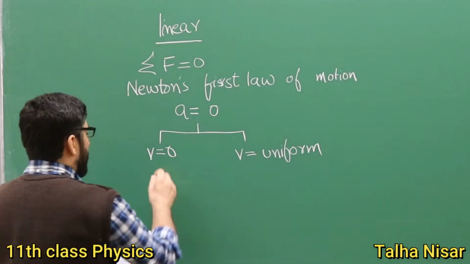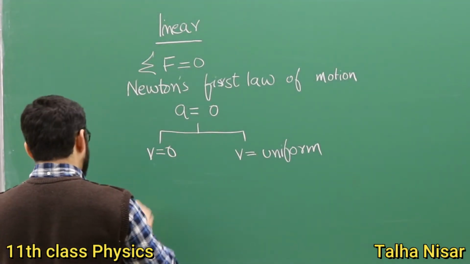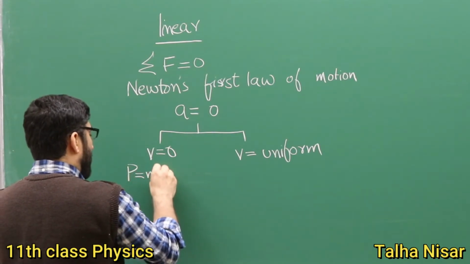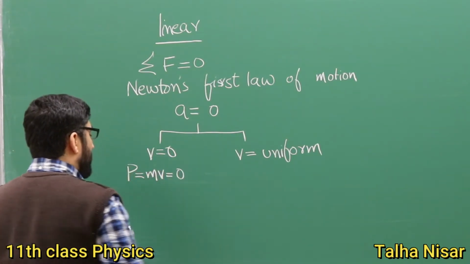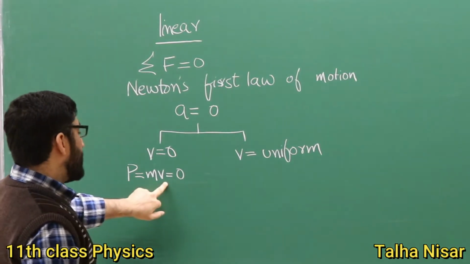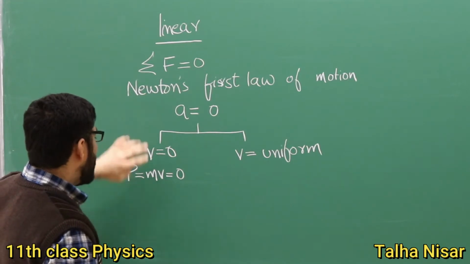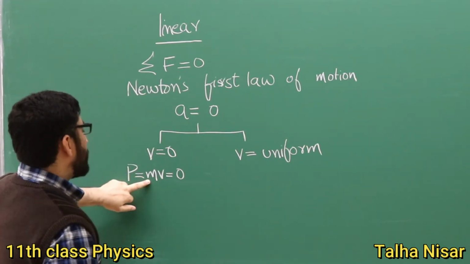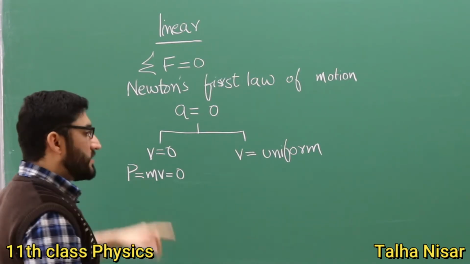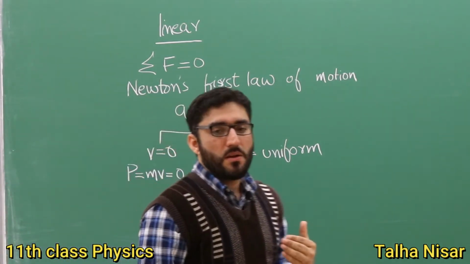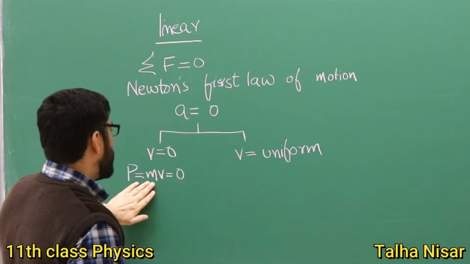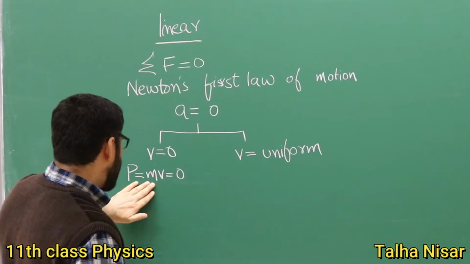So we can also write that the momentum is 0, because momentum is mass multiplied by velocity. If the velocity is 0, and the mass is constant, as it usually is in classical physics, then the momentum is 0. In Newtonian physics, the mass is always constant. The mass changes when something is moving close to the speed of light, but right now we don't talk about the relativistic things.